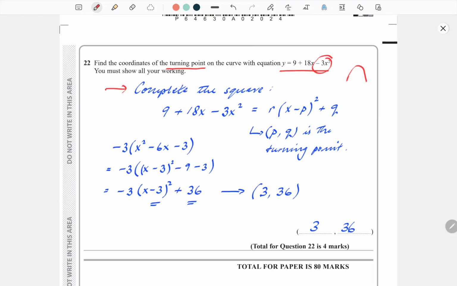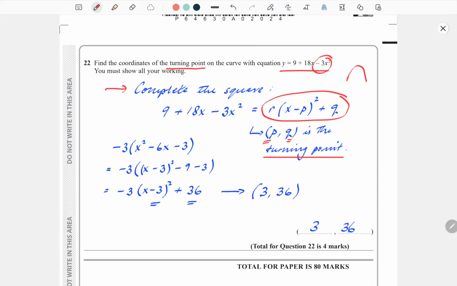Because when you put it in the completed square form, which is this, take any quadratic and you rearrange to put it in this form that I've just highlighted, the number within the bracket will give you the x coordinate of the turning point, and the number outside, the plus minus q, will give you the y value. That will be the turning point.